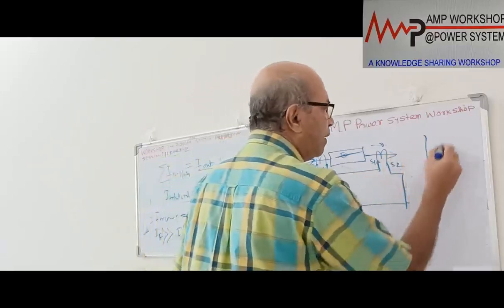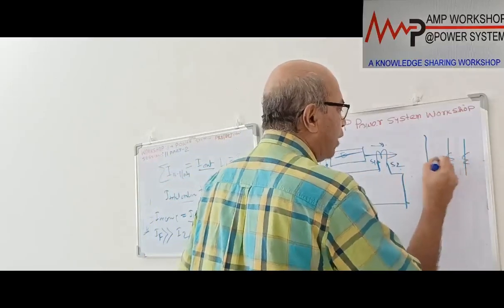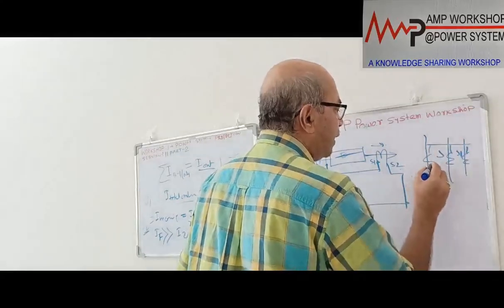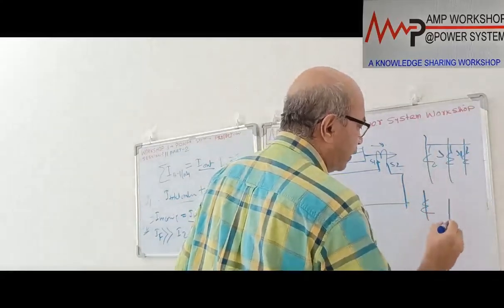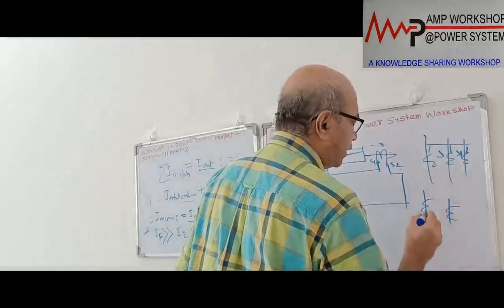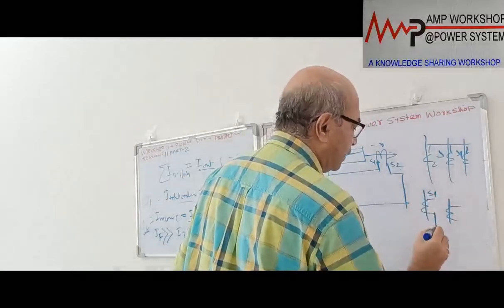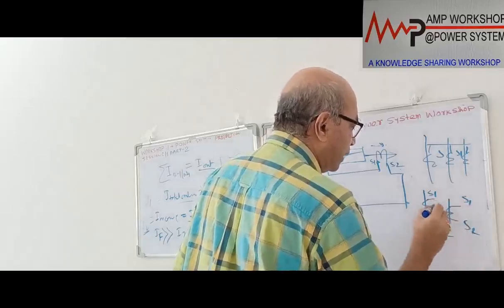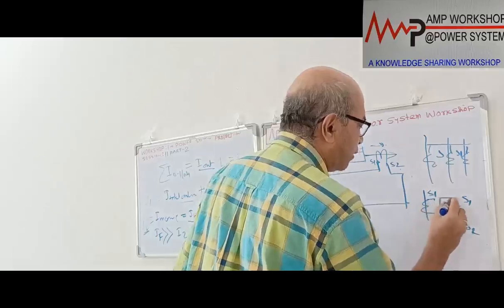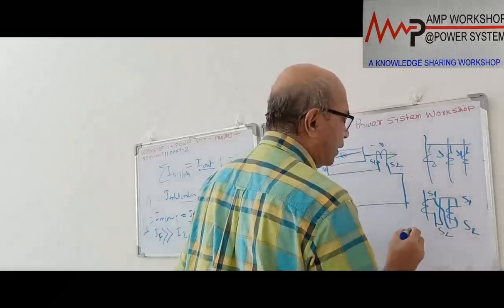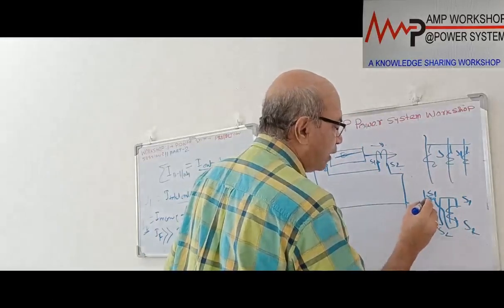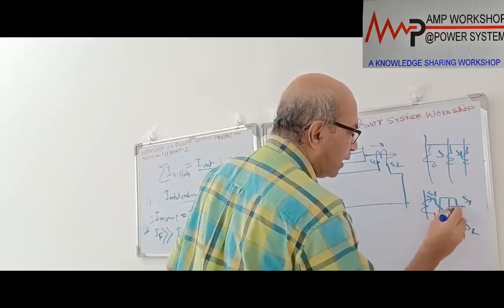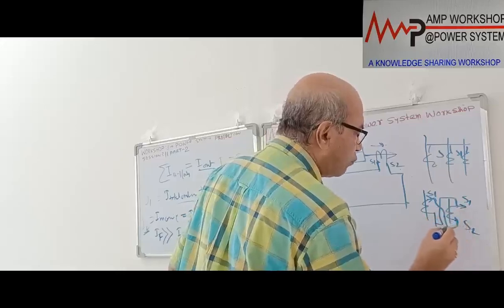You have seen before how we add the current. When we connect both S1 terminals, then it is a sum. You see these are the two CTs. So this is the S1 and this is S2. Now if S2 is connected to S1 and this is a cross connection, then the current S1 will flow through this, come to S2, and then here the current from S1 goes to the relay and returns.